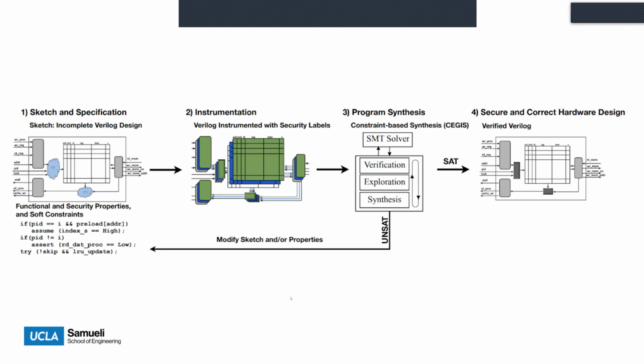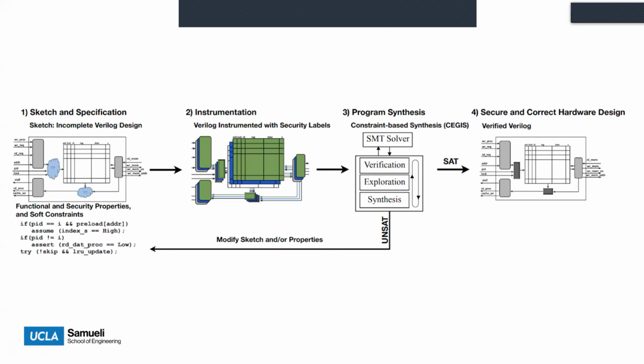So here's the flowchart for VeriSketch. First, you need to draw the sketch and set up the security constraints with its own syntax language. I believe you have read the related content in the article. And then VeriSketch will run the constraint-based synthesis, which is CEGIS, the counterexample guided synthesis method.